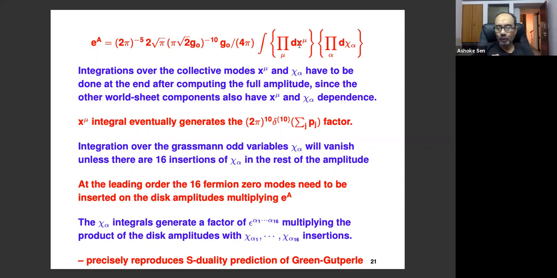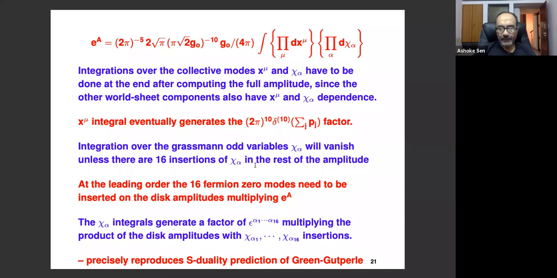So the way to do this integral now is to evaluate the disk amplitudes, and then at the end, you do this collective mode integration. So in particular, the x mu integral eventually generates this momentum conserving delta function. And the integration over the Grassmann odd variables will vanish unless there are 16 insertions of chi alpha in the rest of the amplitude.